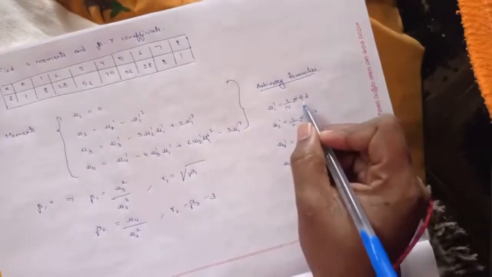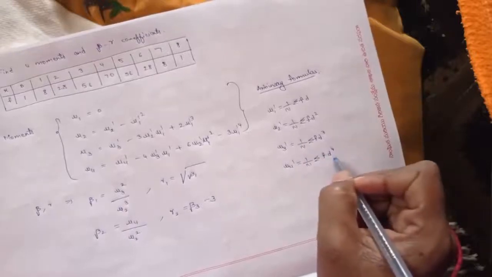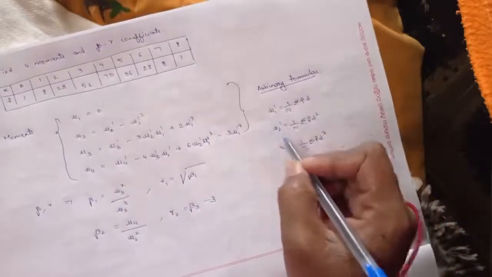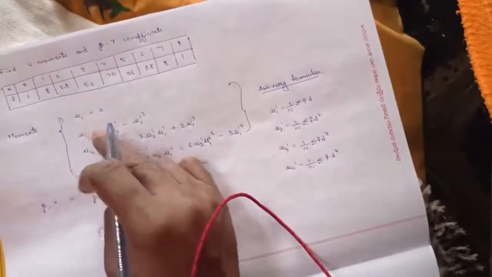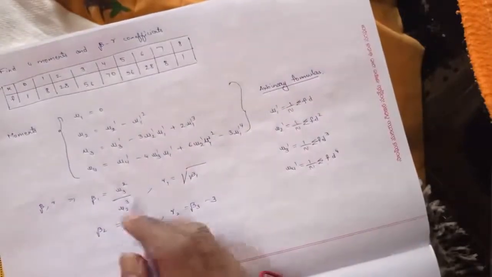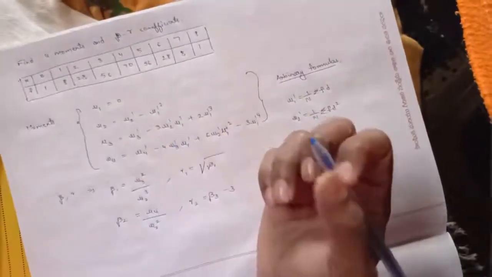We have to find the fd value, fd square value, fd power 3 value, fd power 4 value to compute mu1 dash, mu2 dash, mu3 dash, mu4 dash respectively, and we have to substitute in the moments to get the result of mu1, mu2, mu3, mu4, and later we have to find the beta and gamma coefficients. So we have written all the formulas required as well as the requirement to solve this problem.